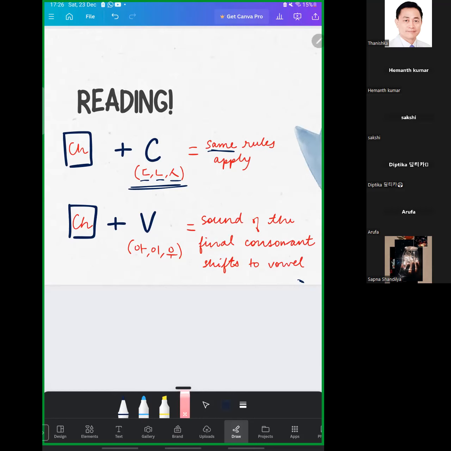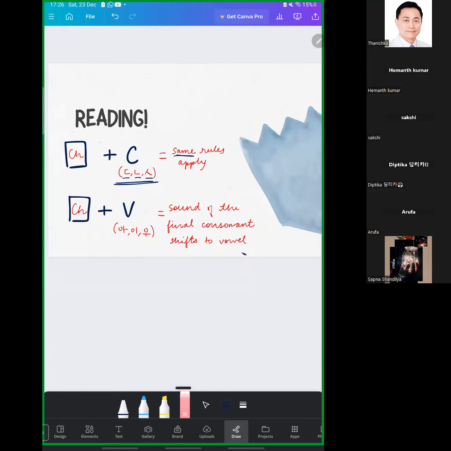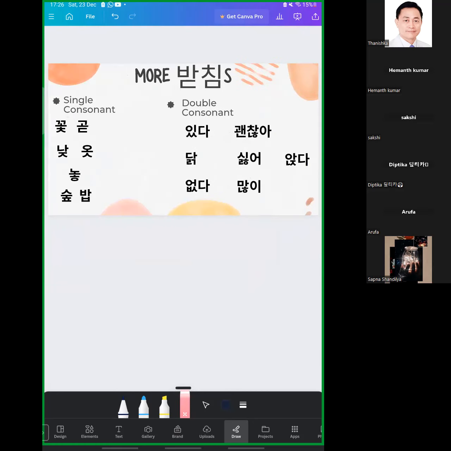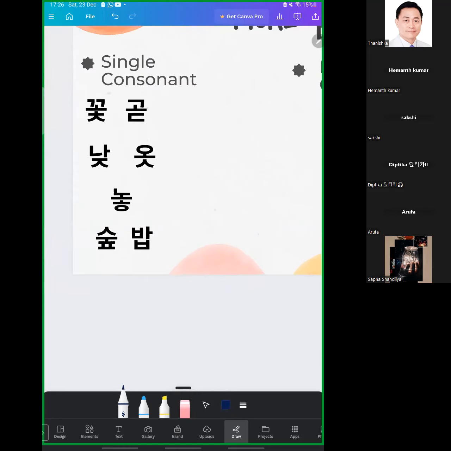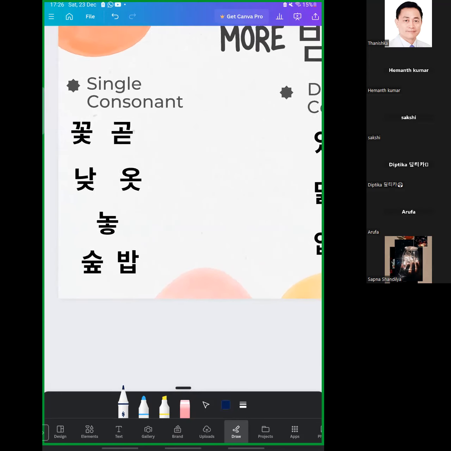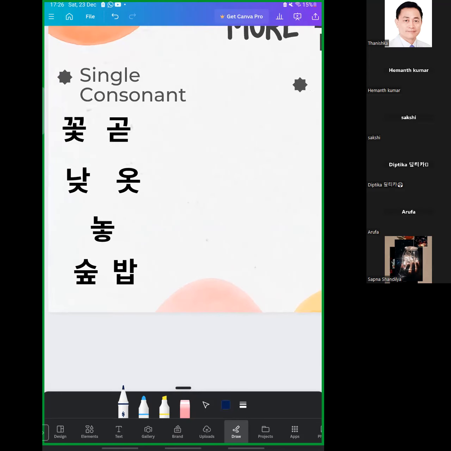So we'll do one thing. We'll go back to the examples that we learned in the previous slide and try to apply these rules there. Okay, so the first word here.